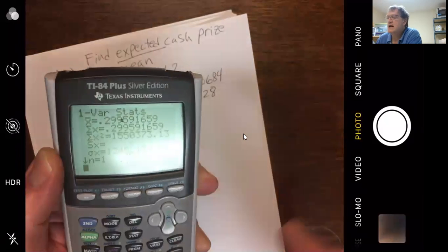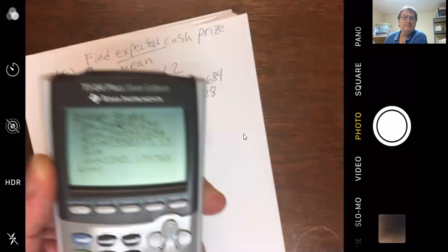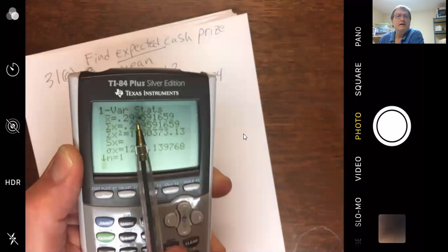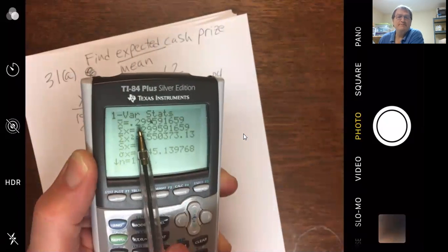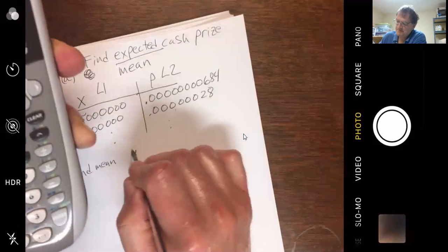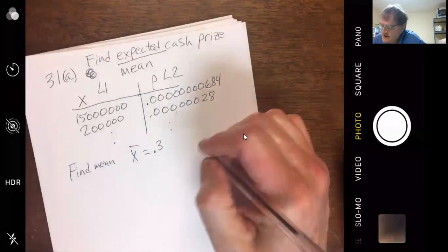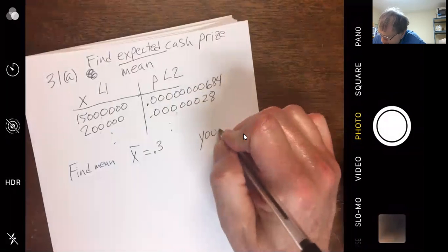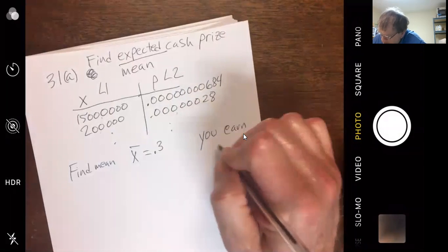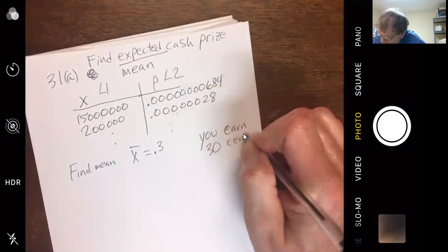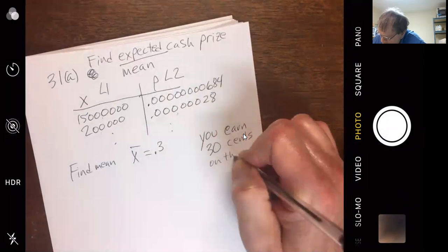Mean is 0.299. Expected. I guess we'll round it to 0.3. This means you earn 30 cents on the average.